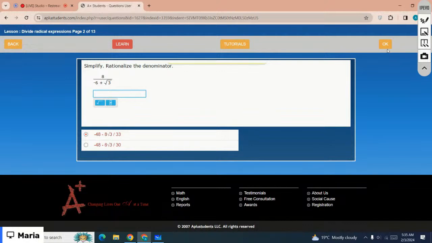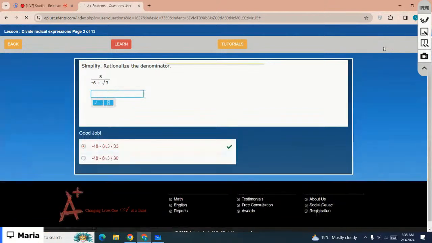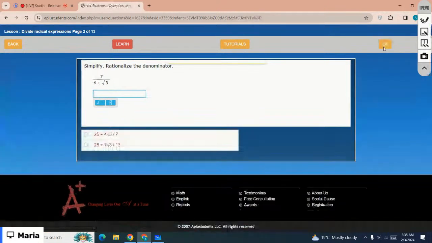Okay, I forgot to click on the OK button. The next one is simplify 7 divided by 4 minus square root 3. So, which is the correct option?